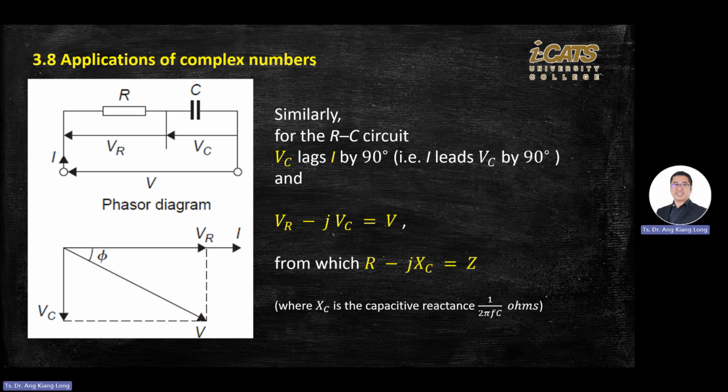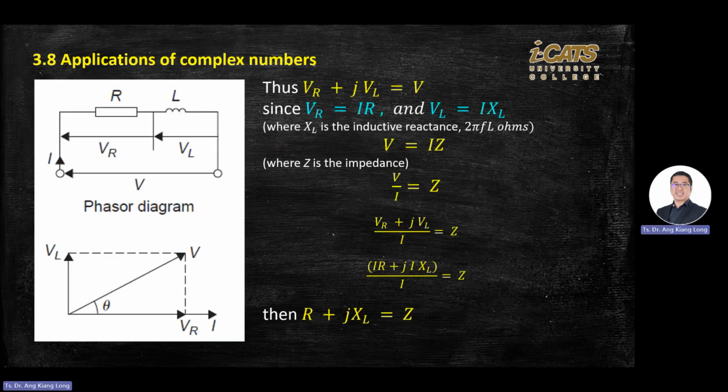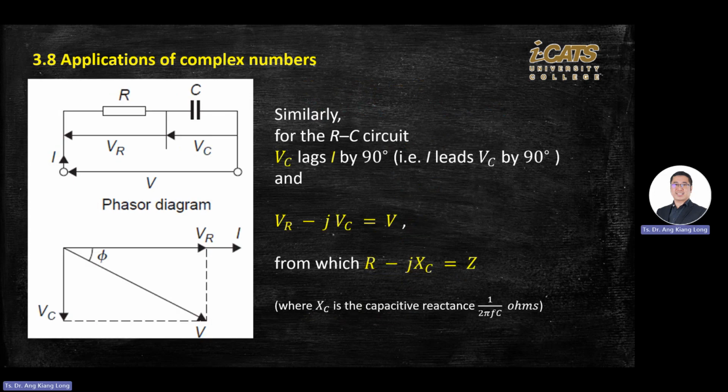VR is always on the real axis. And VC just now was L. Now, the capacitor will go to the negative side. Meaning, if you see L in the diagram, you use Z equal to R plus the imaginary component, R plus JXL. If you see a capacitor, you use minus.